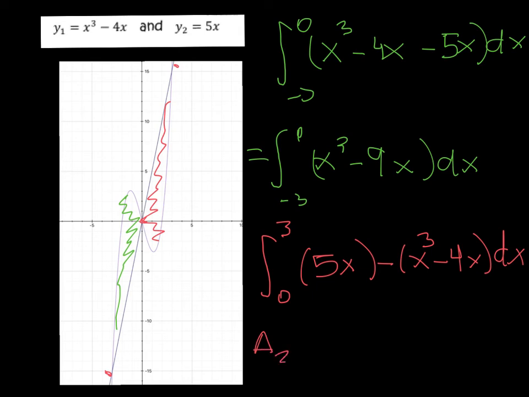So area 2, or the red area, will be from 0 to 3 of negative x cubed plus 9x times dx. And as you can see, as the function is a symmetric function, obtaining one of the two areas and multiplying times 2, we will obtain the total area.